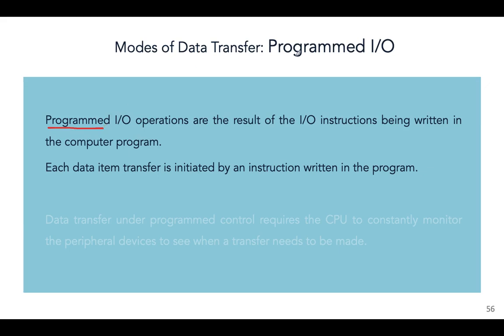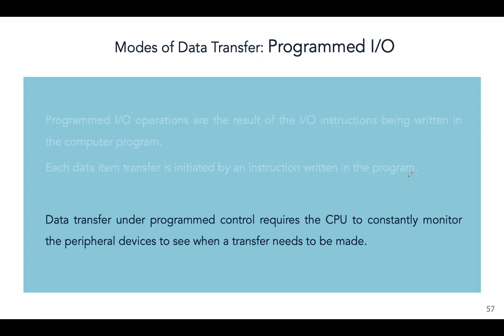So programmed IO mode of data transfer means that input-output instructions have been written in the form of a computer program, and each data item transfer is initiated by an instruction written in the program. That is, the entire data transfer is controlled exclusively by this program that has already been written and placed in the memory.